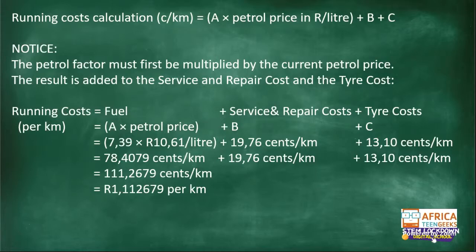Sometimes there are people who hire cars from a company that does rentals for cars, such as Avis or any other car dealer. They charge you, for instance, per kilometer.